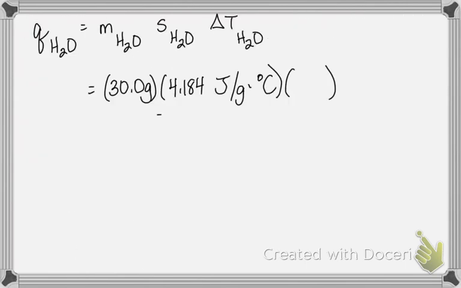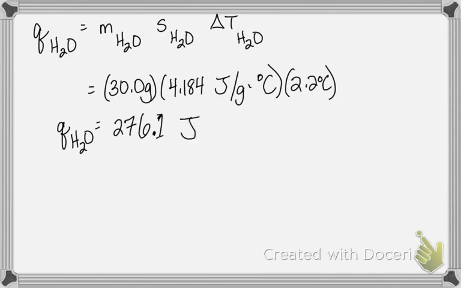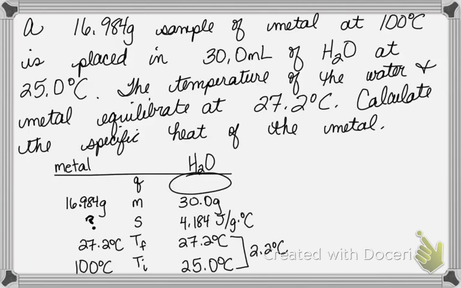And the ΔT of the water is 2.2 degrees Celsius. So the Q for the water is 276.1 joules. Okay, I'm not worried about sig figs right now because I'm not finished with the problem. 276.1 joules. So I'm going to record that here.